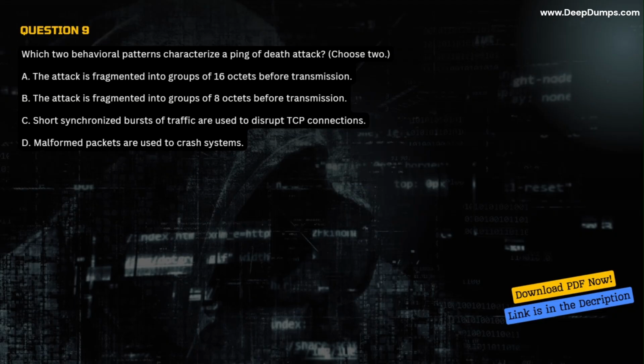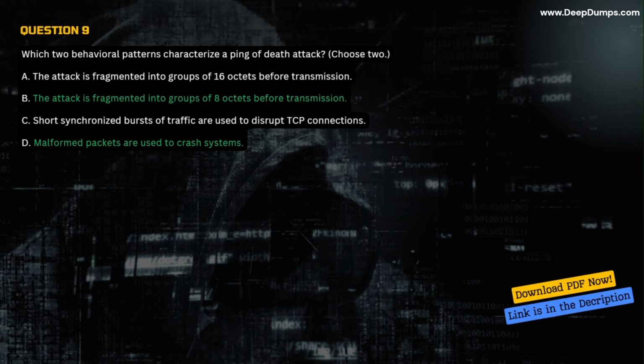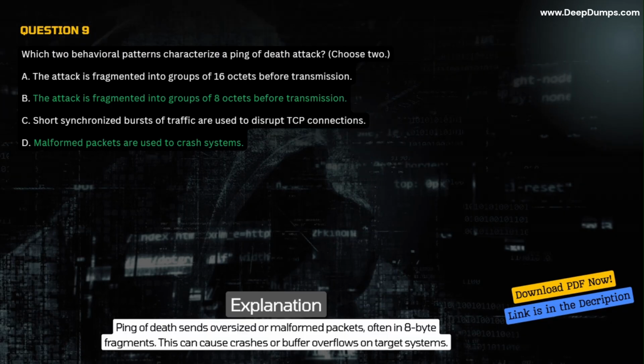D. Malformed packets are used to crash systems. Correct answer B and D. Explanation. Ping of death sends oversized or malformed packets, often in 8-byte fragments. This can cause crashes or buffer overflows on target systems.